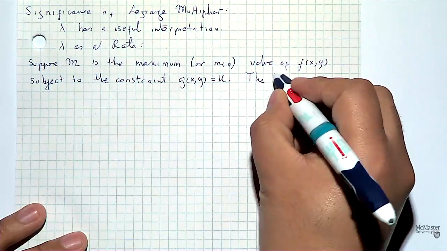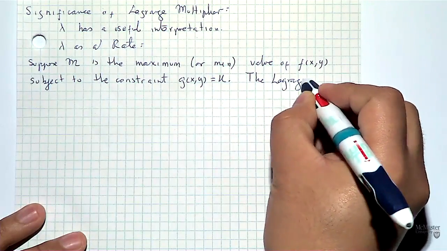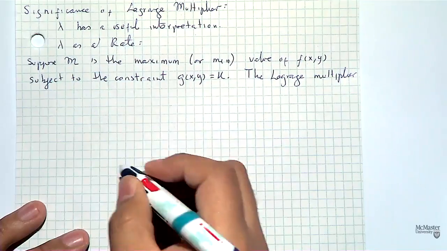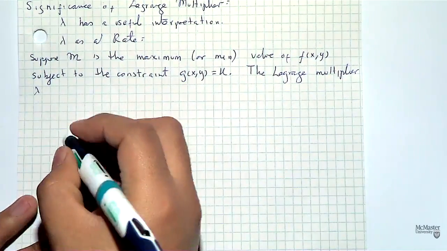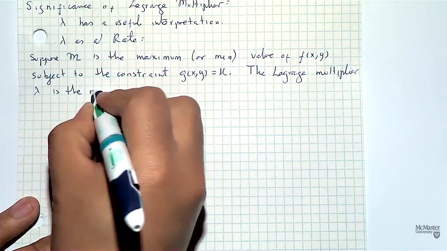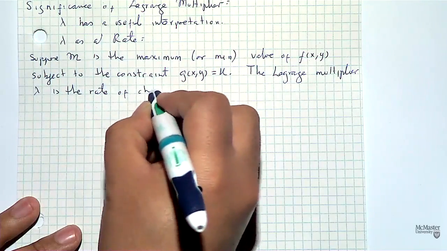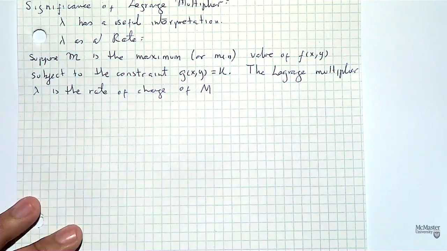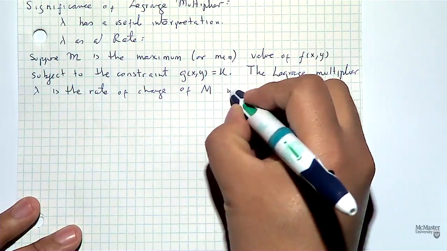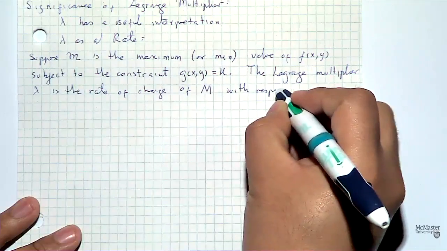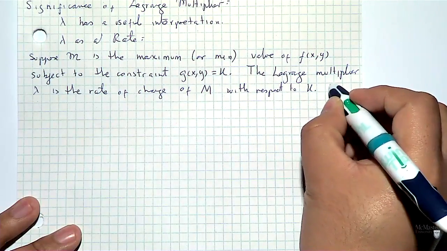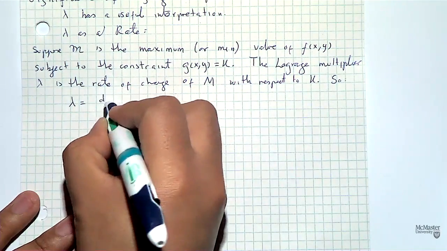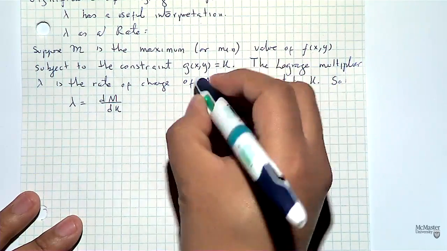So this is what you want to maximize subject to this constraint. So the Lagrange multiplier, which is lambda, is the rate of change of this maximum m. It's the same letter, although I wrote it differently, with respect to k. So lambda is how the maximum changes as you change the constant in the constraint.